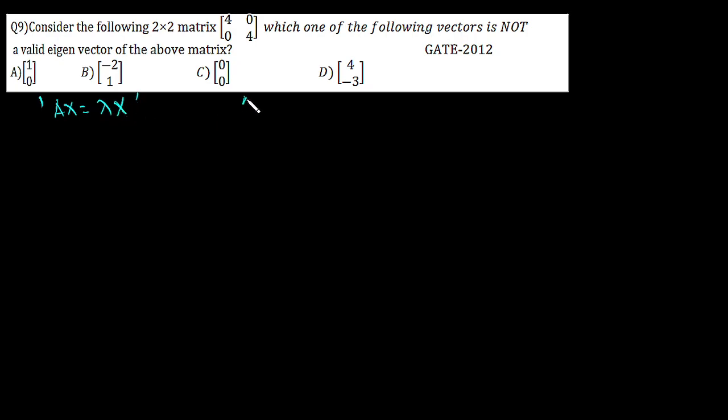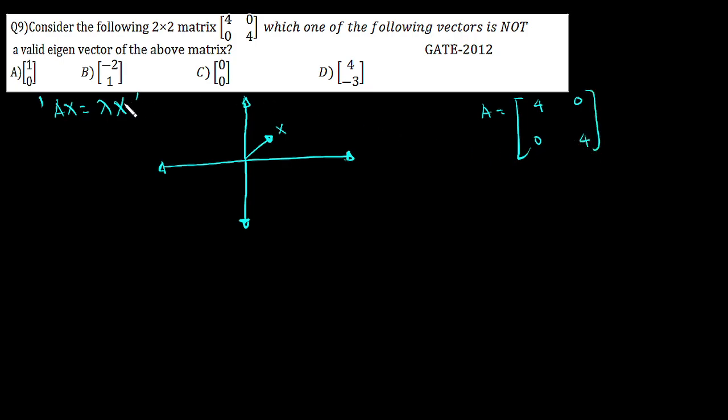Now let's draw it in the xy plane, or simply state it. So let's assume I have a vector here, let's call it vector x. It has some arbitrary value. Now if I am multiplying this vector with this matrix A, which in this particular case has the value 4, 0, 0 and 4, let's write it here. So what does this condition mean in the xy plane?